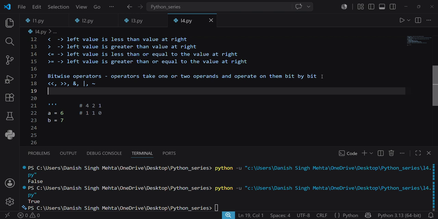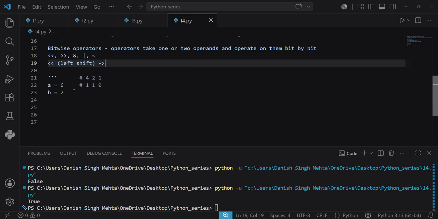So let's talk about all of these one by one. First of all, what is left shift? As the name says, left shift basically shifts the number to the left.